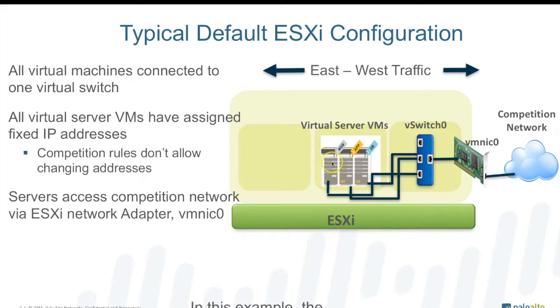They're running services like a web application, and they're connected directly to the competition network through a virtual switch and through the adapter on the host. So if I want to access my website on my virtual server, I have a fixed IP address. This fixed IP address you can't change by competition rules. So I would access it from the competition network through the NIC, and I'd go directly to the virtual server.